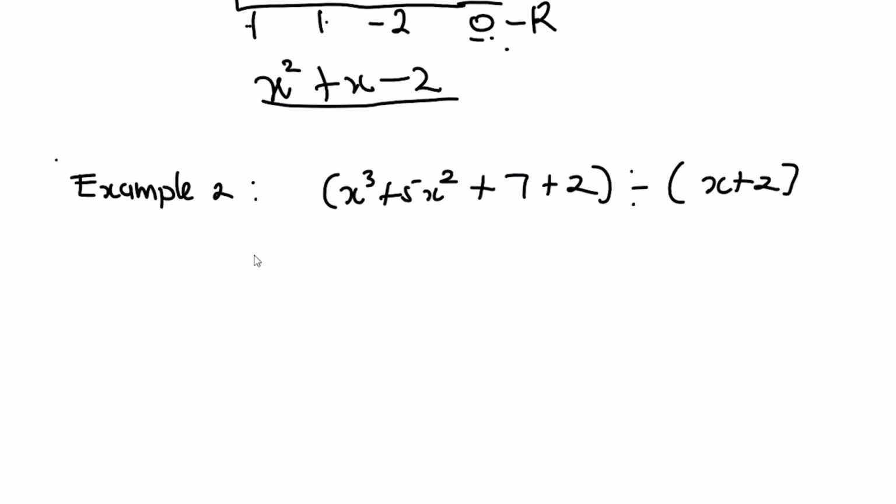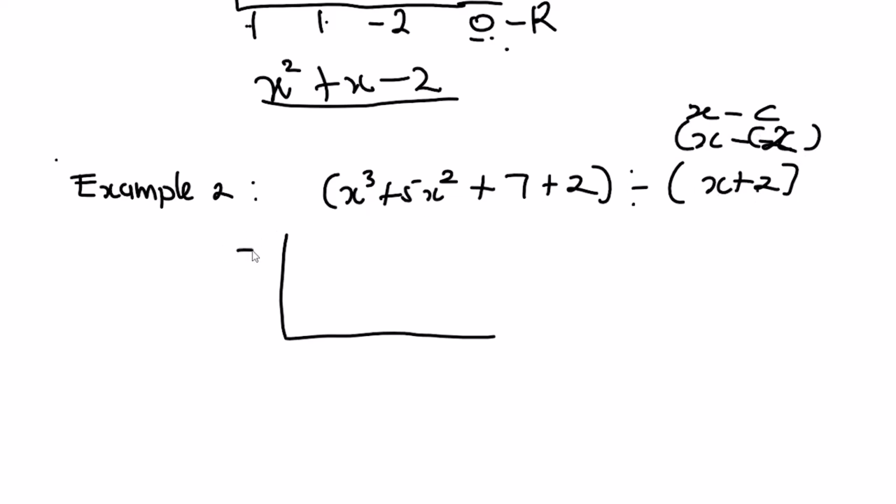We said that we need to get our c. This should be in the form x minus c, so it can be written as x minus negative 2. So our c is negative 2.